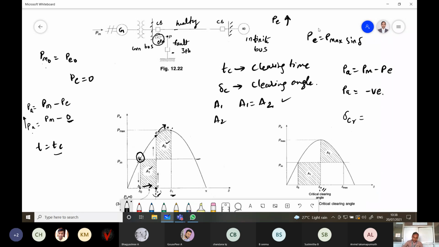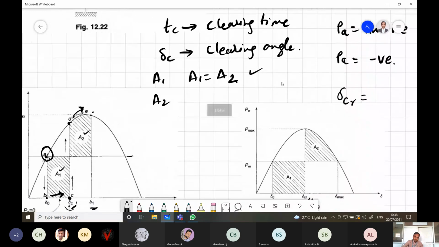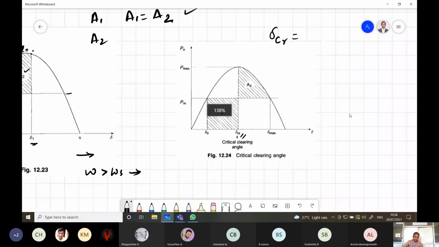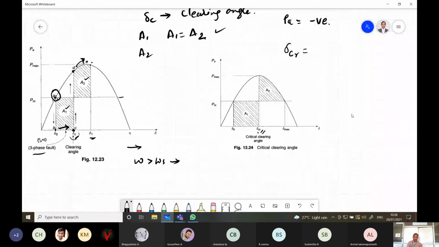Look at the second diagram: A1 will be increasing here. Compare these two diagrams, A1 is here and A1 is here. Delta C increases because opening the circuit breaker takes more time. At the angle delta CR, that is called the critical clearing angle.